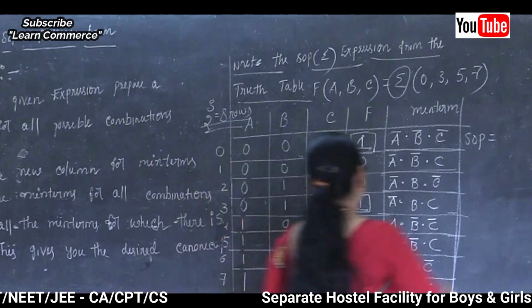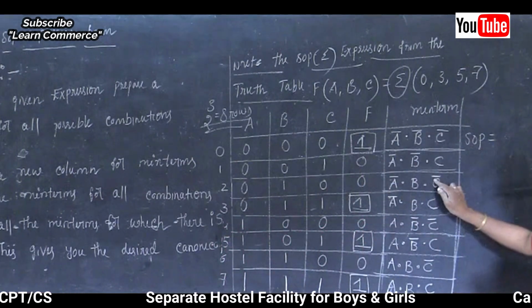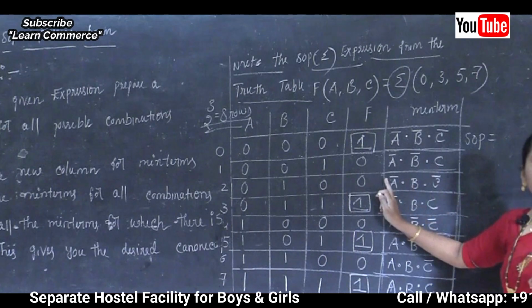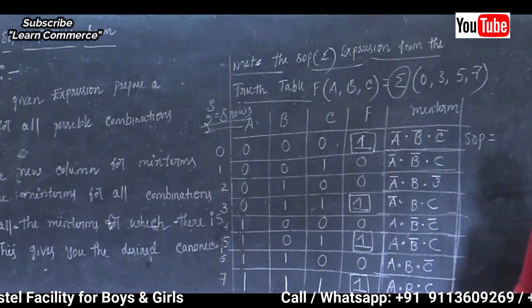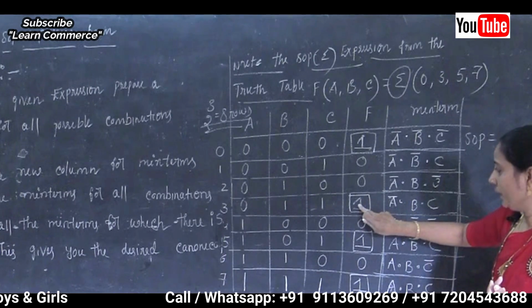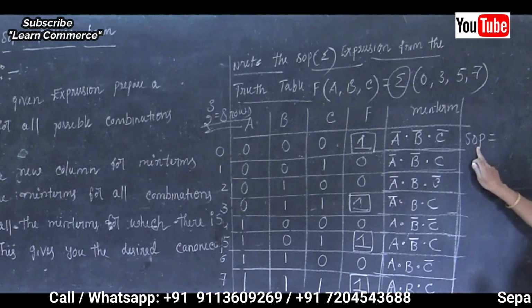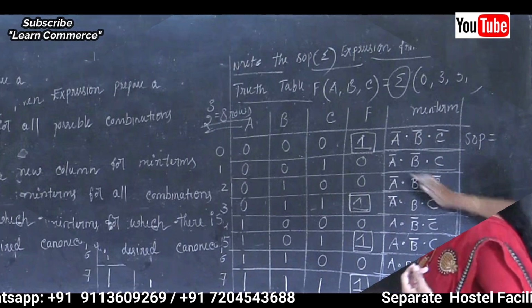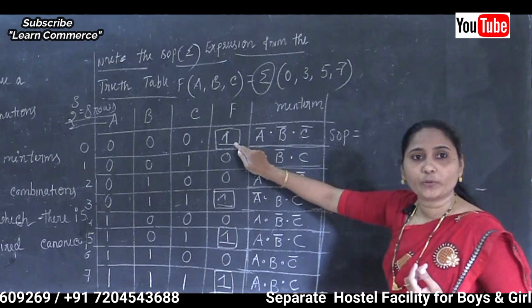So we know the binary 1 is considered to form the SOP. I am going to form the SOP by adding all the terms for which the output is 1.